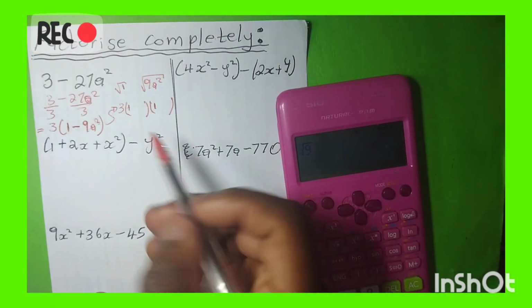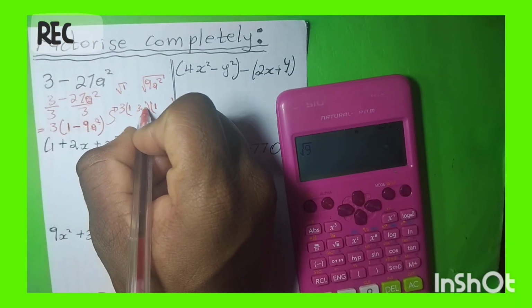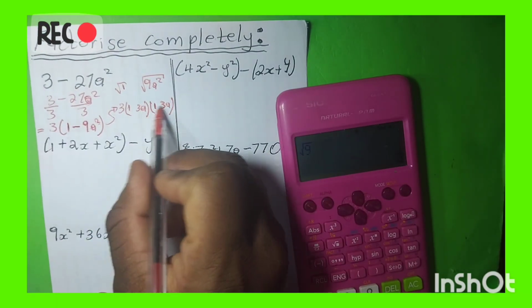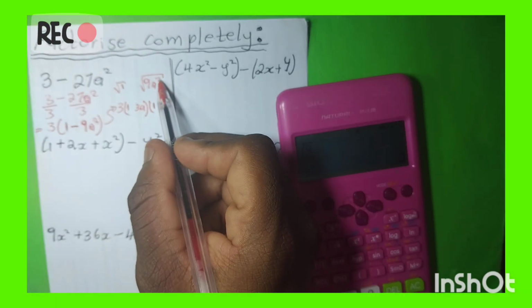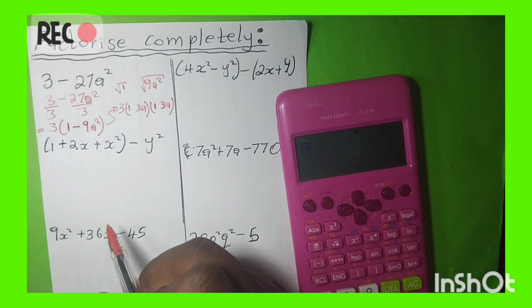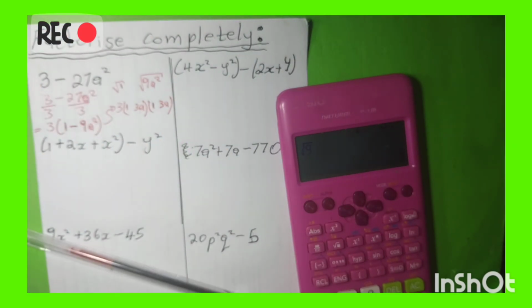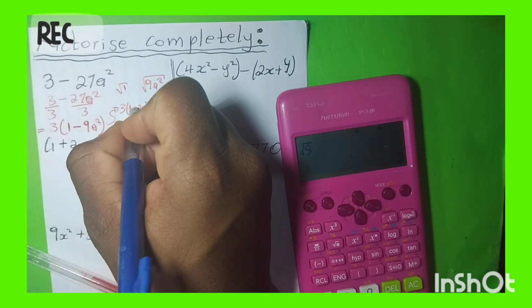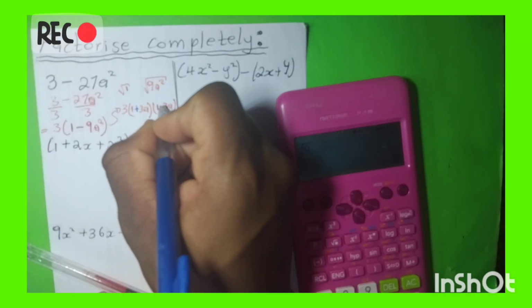So it will be 3a here, and 3a here. Then for the base, what I did, I have the exponent. When you have the exponent, there is an invisible 1. Then you can say plus here, and minus there.